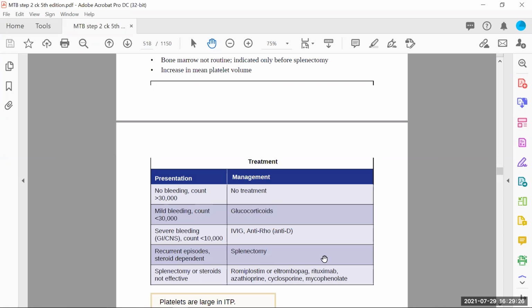Now, in case of severe bleeding and a very low count, less than 10,000, we will go for immunoglobulin. Most of the time we get confused between when to start glucocorticoid and when to start immunoglobulin. To start immunoglobulin, the patient has to have severe bleeding plus a count below 10,000.